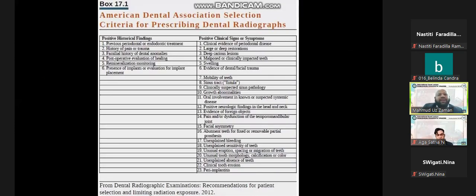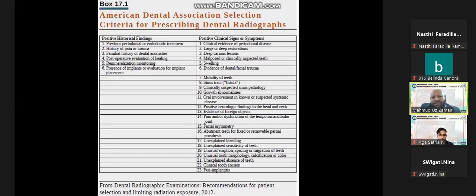The American Dental Association selected the criteria for prescribing dental radiographs. If you have positive historical findings, such as any previous history of periodontal or endodontic treatment, history of pain or trauma, family history of anomalies, or post-operative treatment, healing, and monitoring of disease, or implants, which are very common nowadays, after placement we need to assess whether the bone formation around the implant is good, the healing of the implant.